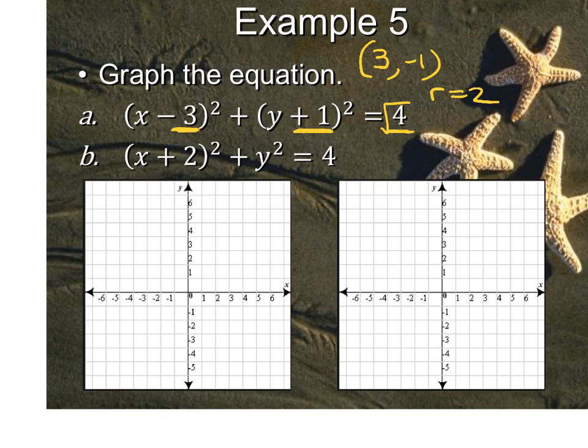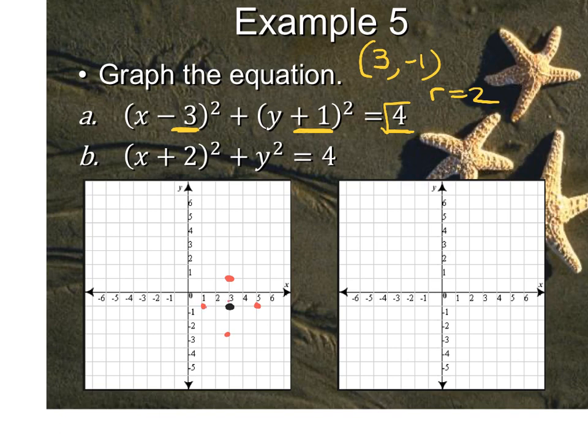So I'm going to graph the center point. +3, -1. So my point is right here. And then from there, I'm going to put in the radius. And I'm going to go like north, south, east, and west. So I'm going to go 2 up, 2 to the north, 2 to the east, 2 to the south, 2 to the west.